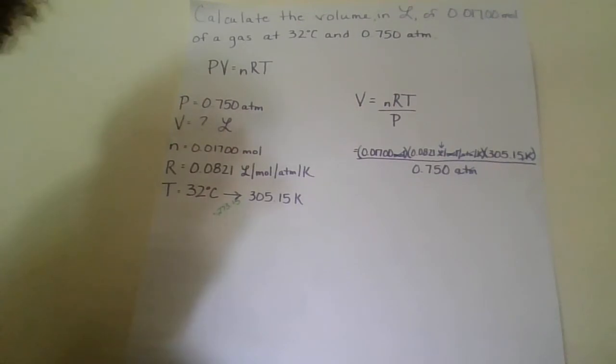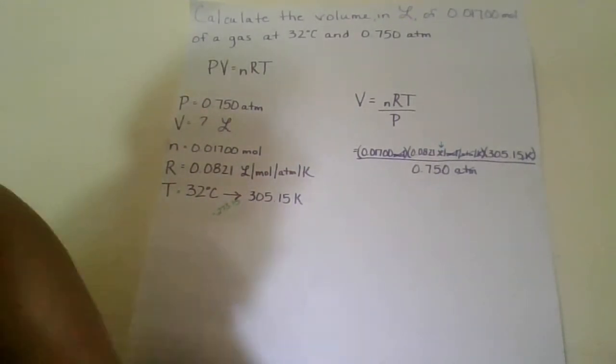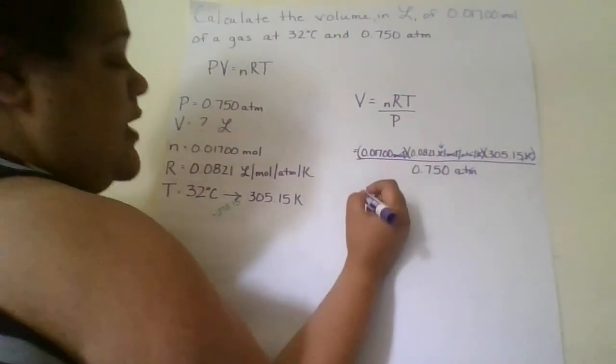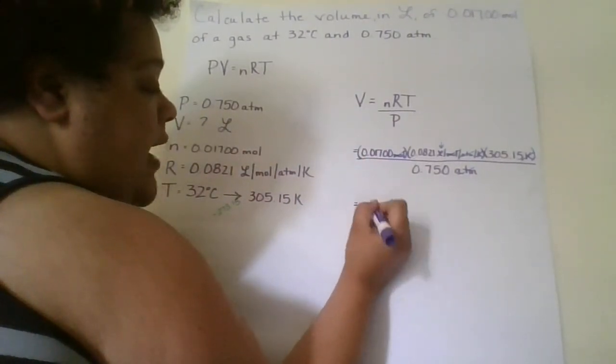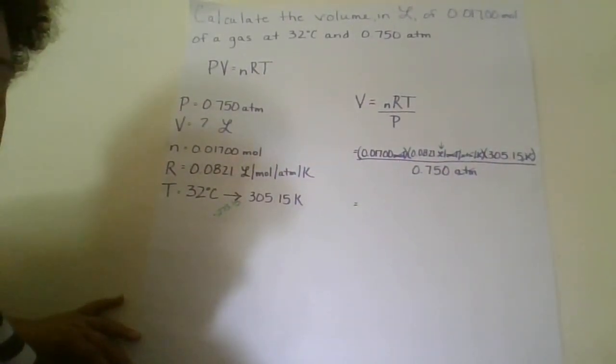So let's go ahead and do our multiplication, okay? And we do not do any rounding until the very, very end of our problems because we can neither create nor destroy matter. And if we round before the problem is done, we have destroyed matter. So let's go ahead using your simple calculator, multiply all of your numbers across the top.